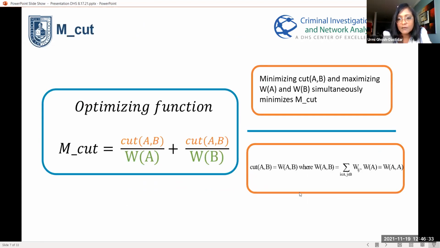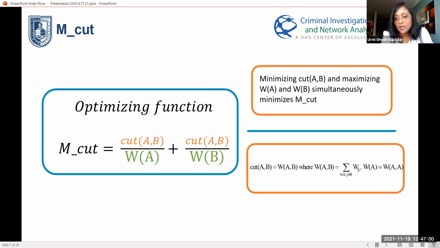So if you look here, I think we look at a cut A, B, and the measurement that we look at is the weights between the ith and jth node, where i belongs to cluster A and j belongs to cluster B. So you look at the edge weight between two nodes which we assume belong to different clusters.